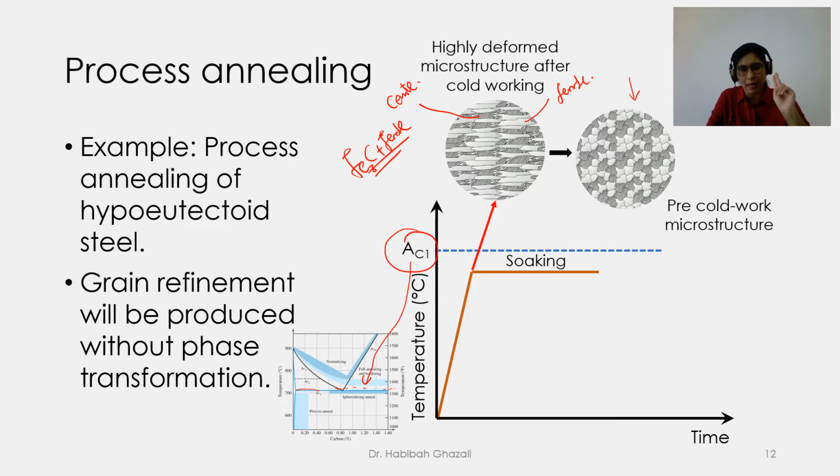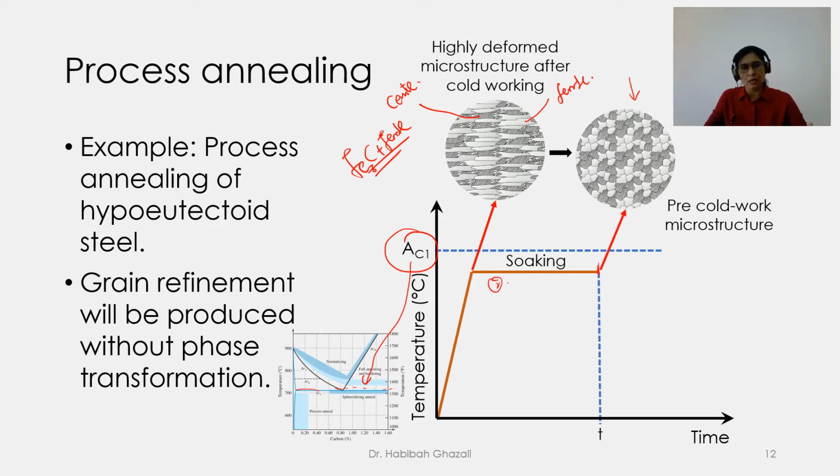At the final hour or minutes or second that you have finished this second procedure, you still have the same phase, which is ferrite and cementite, but now the microstructure shape is going to look different.